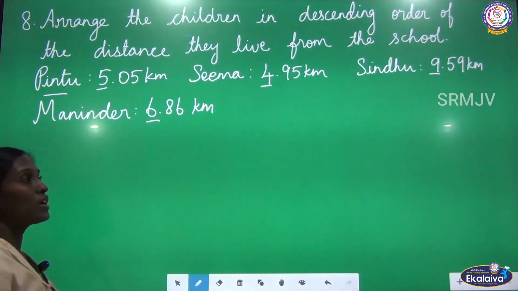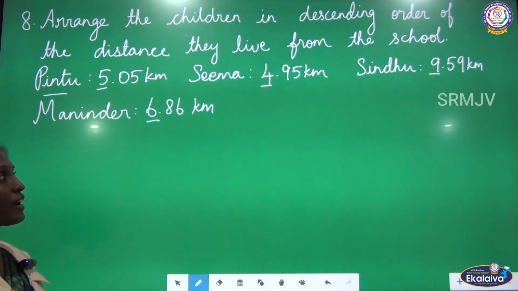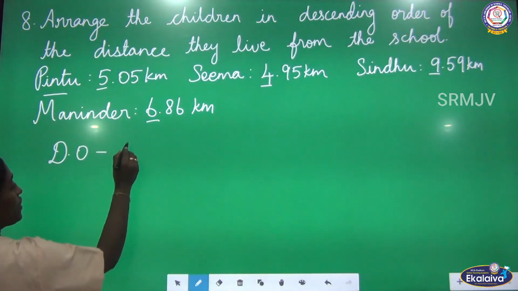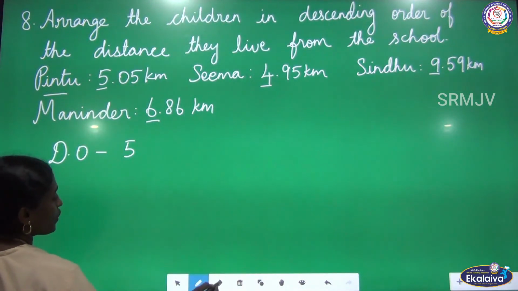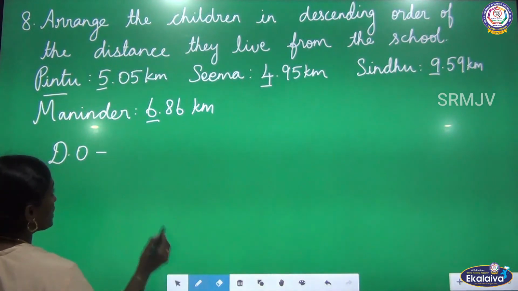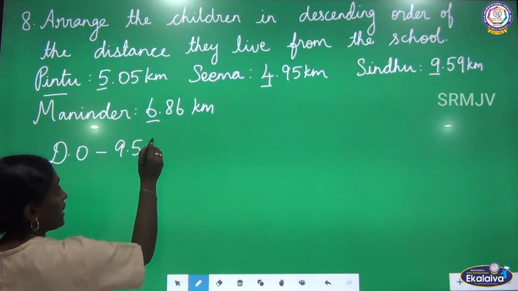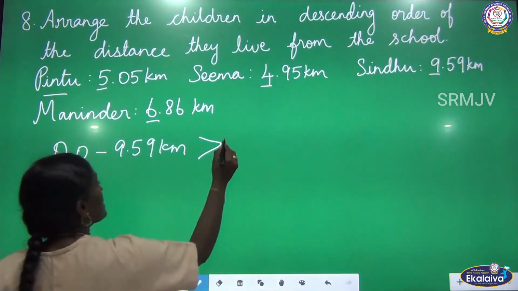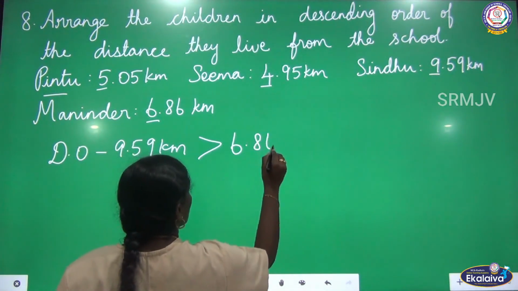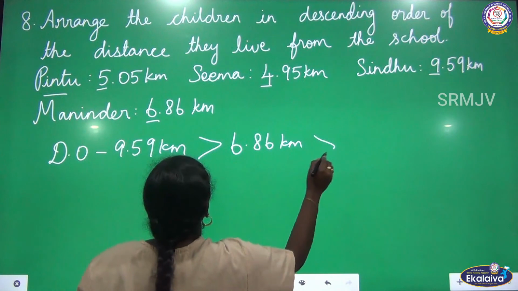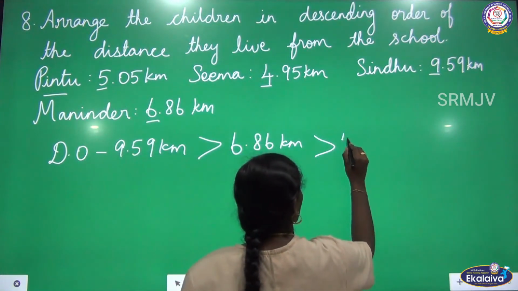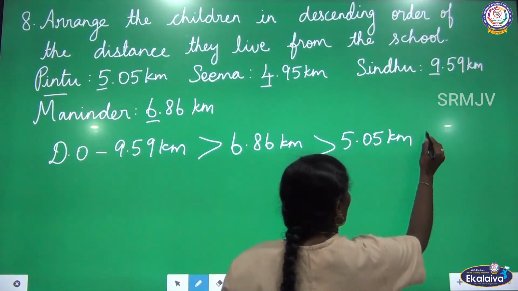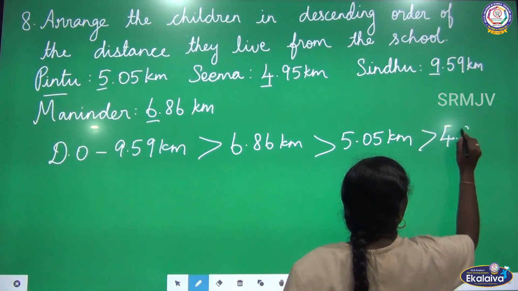By comparing the whole number part, we can say that 9.59 kilometer is the greater. So descending order: 9.59 kilometer is the greatest one. Then 6.86. Then 5.05. And 4.95 is the smallest.